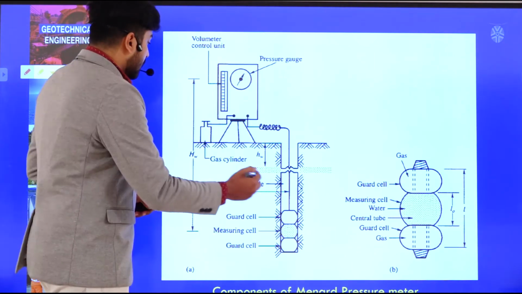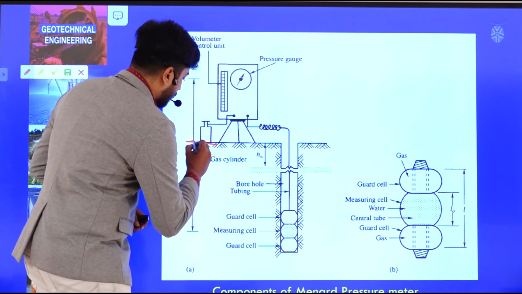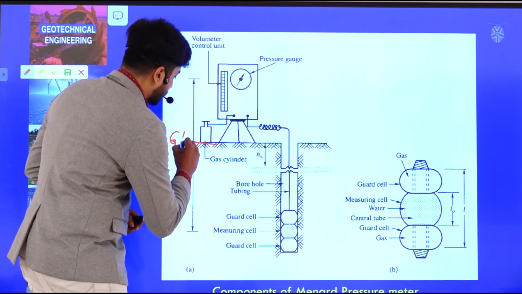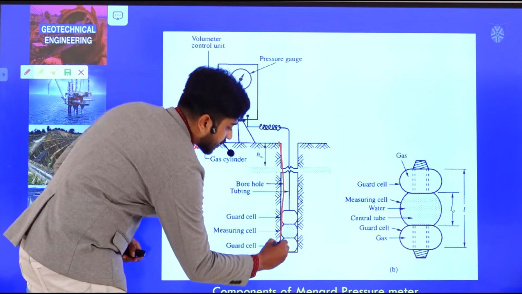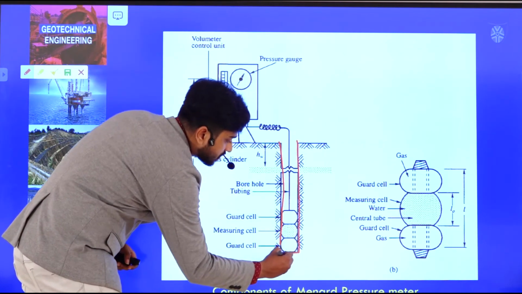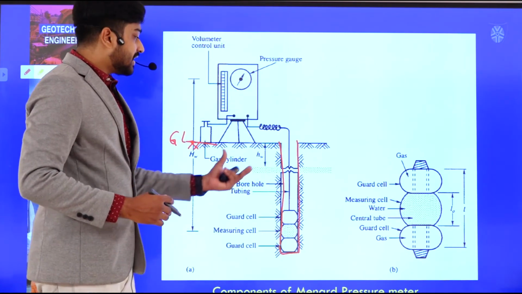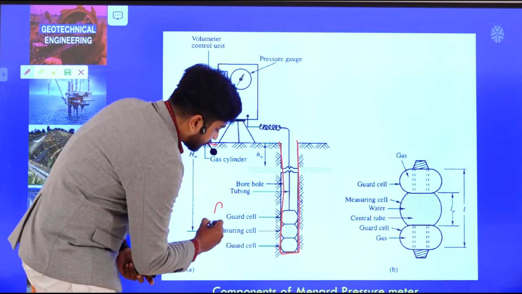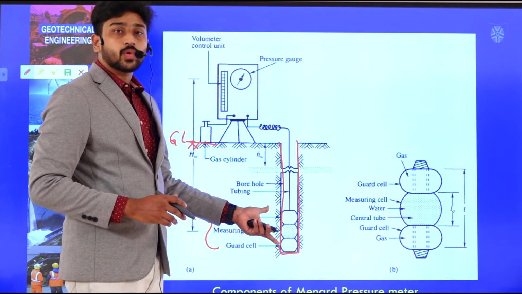In the initial step itself, we need to dig a borehole up to this depth, and then this measuring cell as well as the guard cell, this combination is nothing but the probe.